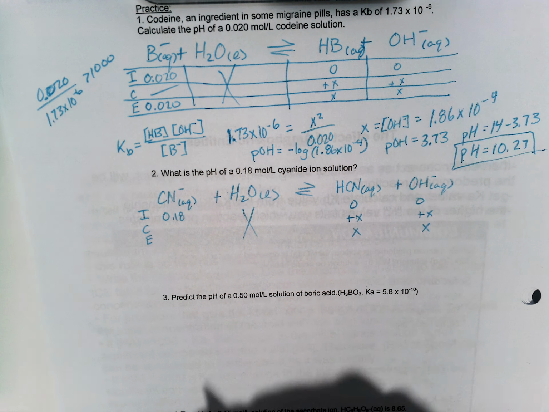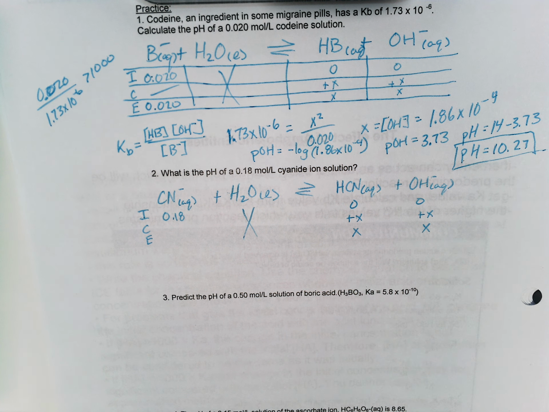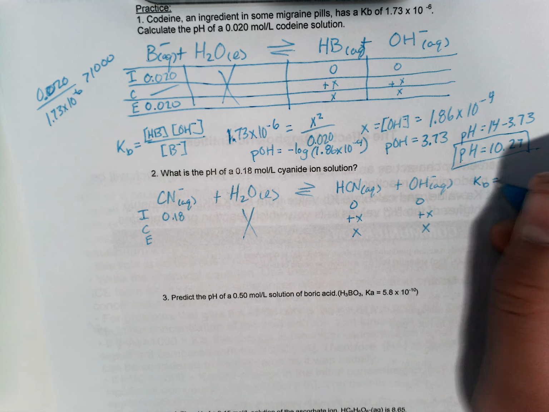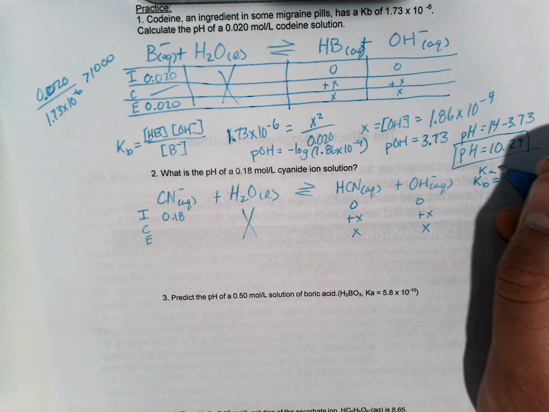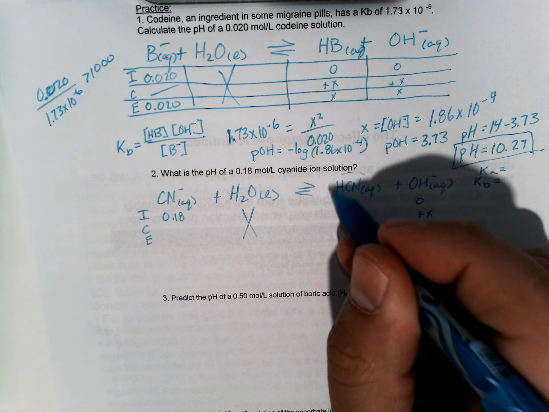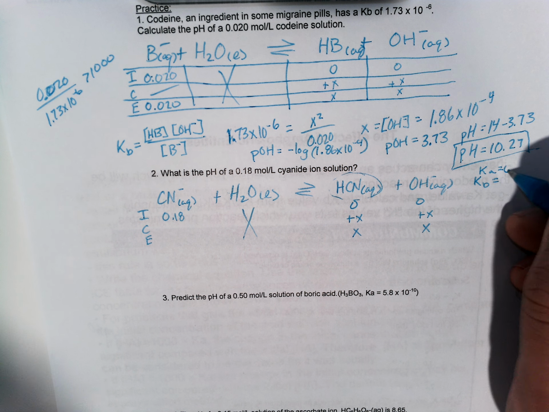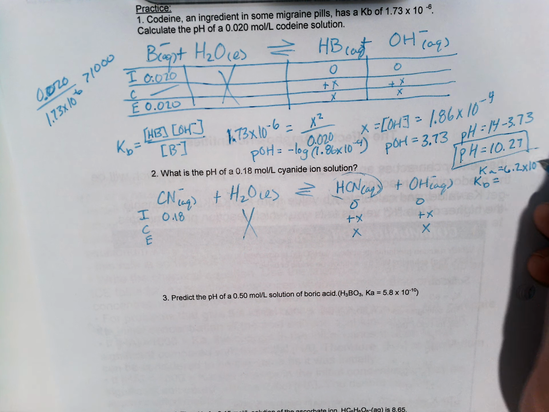Okay, for this one, it doesn't give me the Kb, but I can solve for the Kb because the Ka is known. So again, I look up the Ka for my conjugate acid, and the Ka for hydrocyanic acid is 6.2 times 10 to the minus 10.